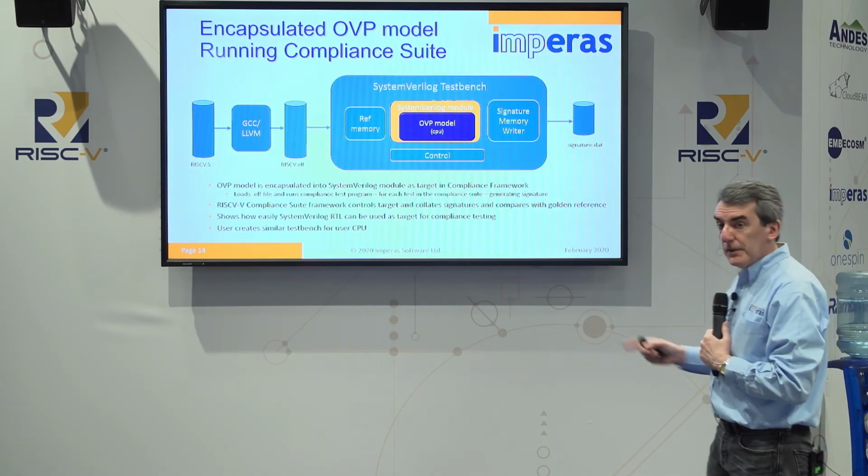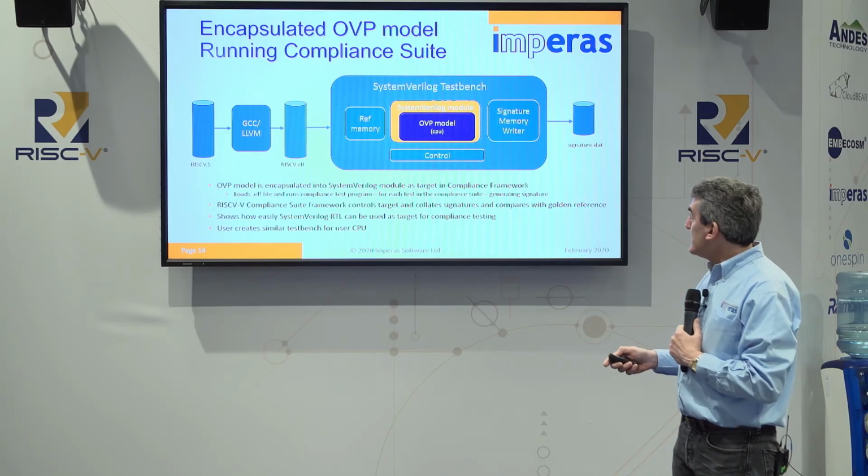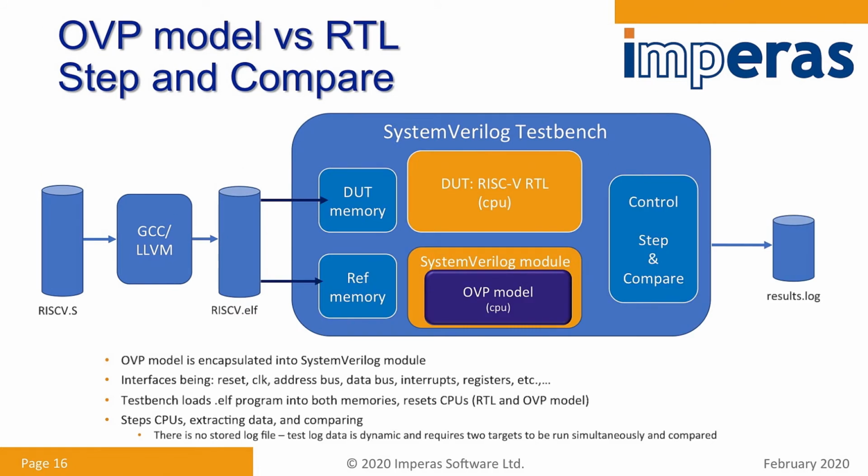And this is an example here, very similar to the earlier flow, but in this case, we're taking the compilation and running it on the real RTL of your system with an embedded processor model inside. And this lends itself to using, obviously, our verification processor for directed tests, and then a comparison step by step. So now you're running an RTL simulation of your processor, instruction accurate with the model to see exactly where the functions deviate. This is a great way to feedback where your problems are and where you need to pay more attention.